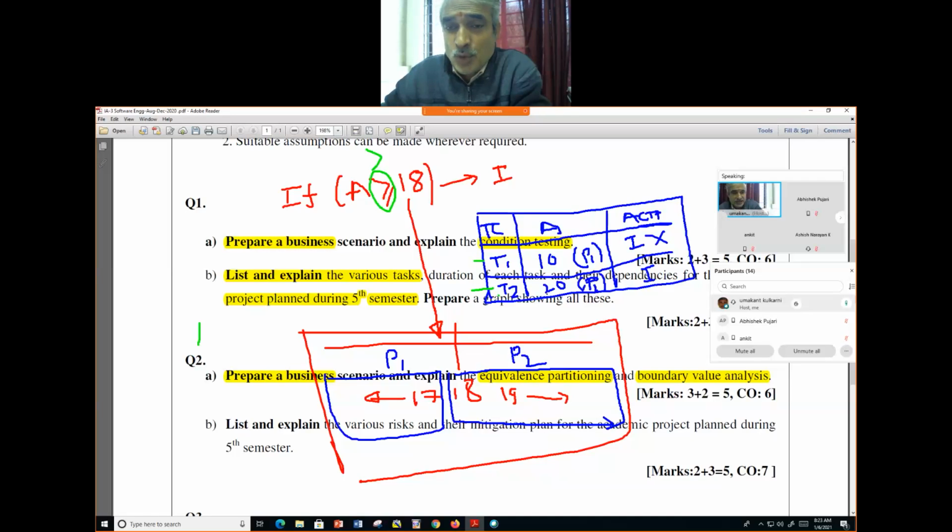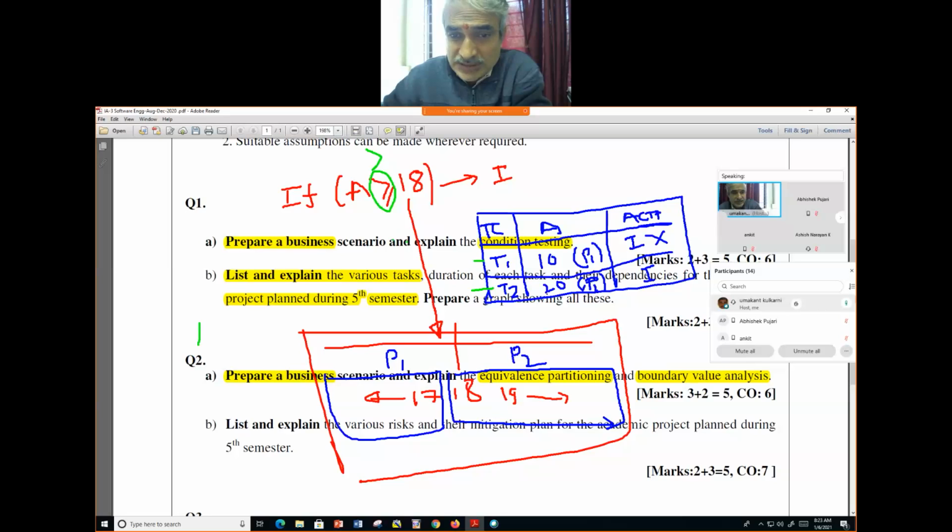So you have to go for boundary value analysis. You may get a question: prepare a business scenario and show that equivalence class partitioning is not complete, it does not reveal all kinds of errors, whereas boundary value analysis strengthens it. This is the example I'm talking about.